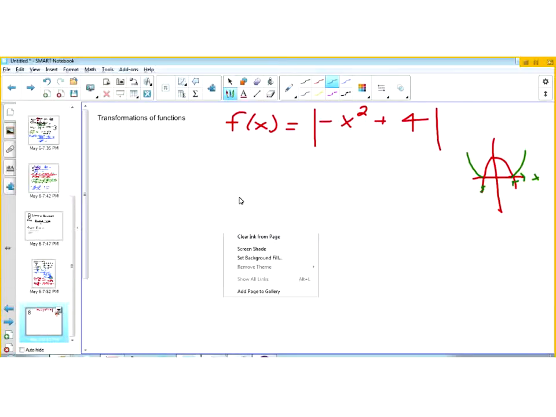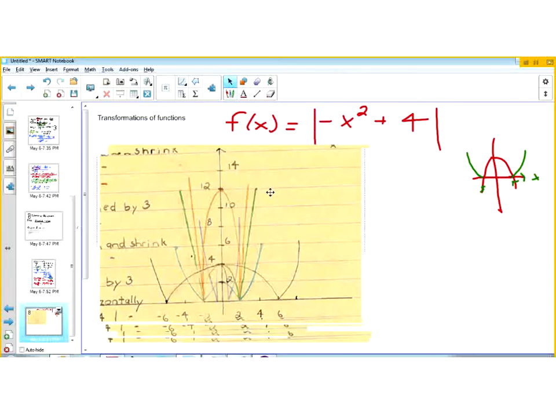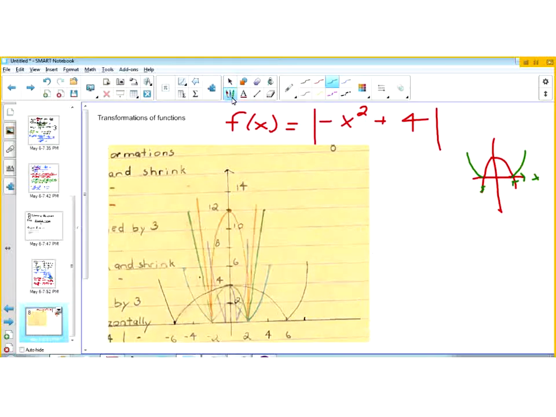So I'm going to select this graph right here. Copy. And I'm going to paste it right here. Okay, so all right, so what's going on here?